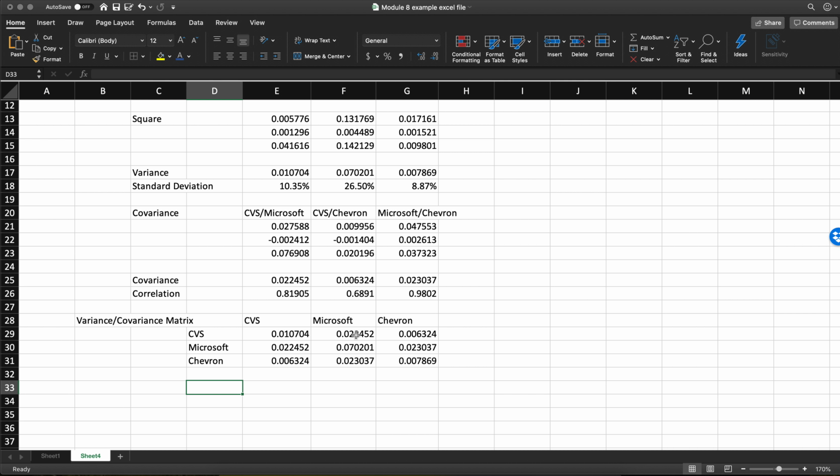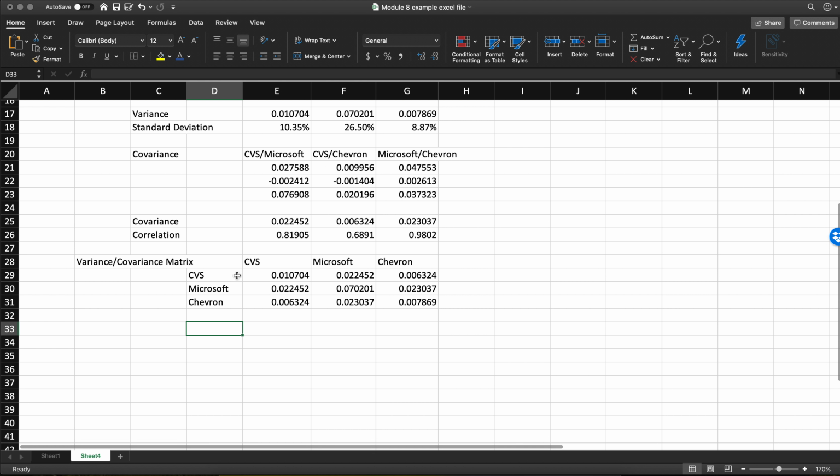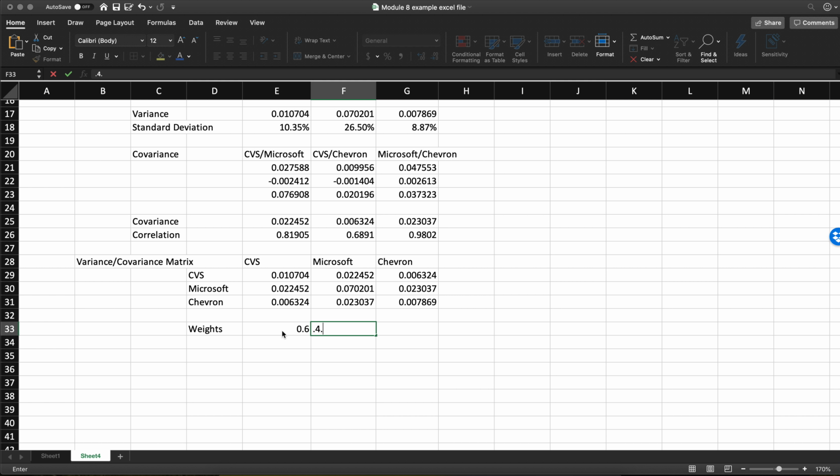But it's just super useful in terms of figuring out what the expected return on the portfolio will be. Okay, so the next step is to figure out our portfolio weights. And I'm going to put 0.6, 0.4, and 0. These are the ones that are given in Professor Hall's slides, and I'm going to make it blue just so you have it.